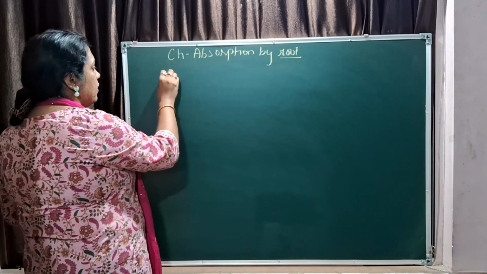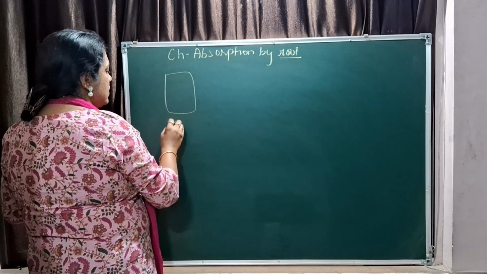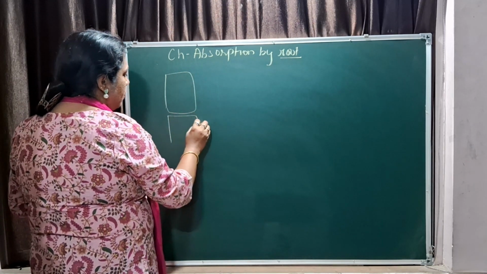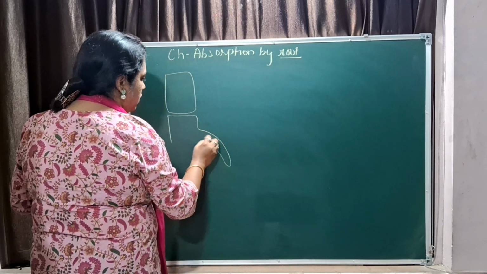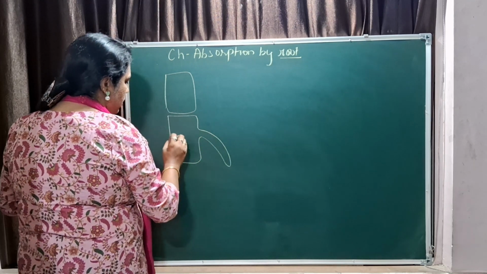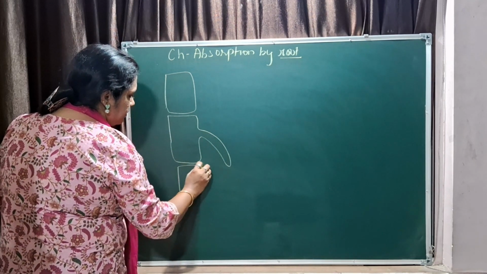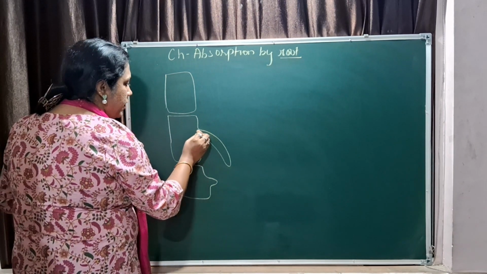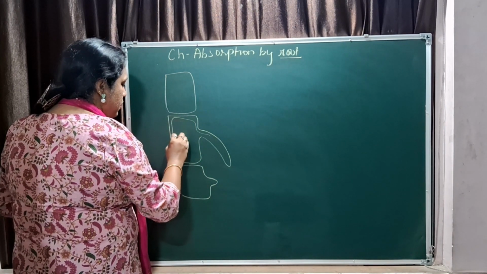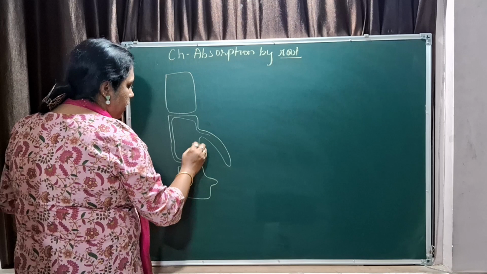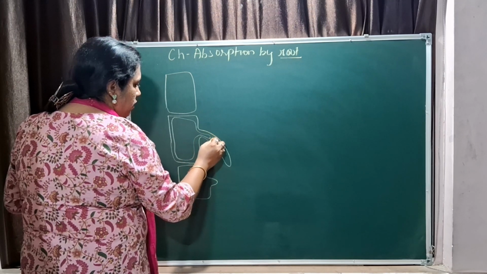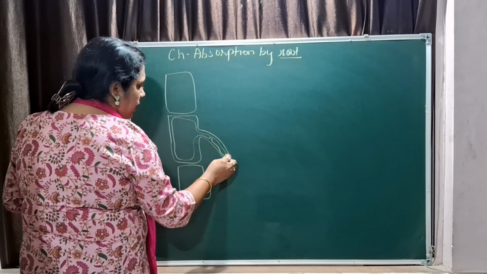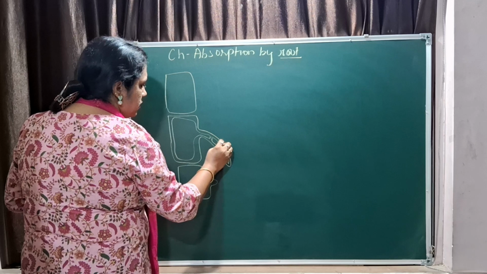For the root hair, you can make a square cell and an extension to the cell. This one is still growing. The root hair contains a very big vacuole, and you have got the nucleus.